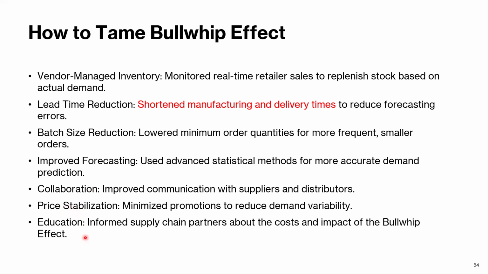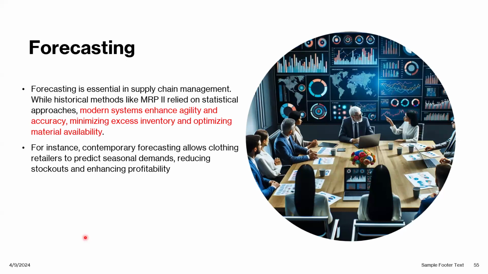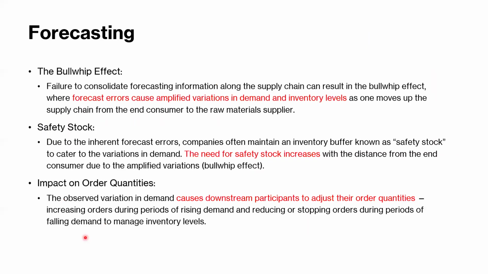Education is another important strategy. Forecasting is one important strategy, using technologies, information systems, and of course, historical data, right? By forecasting, we can make sure the bullwhip effect can be reduced and safety stock can be achieved, right?